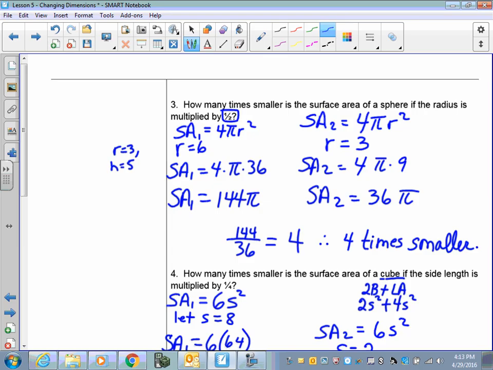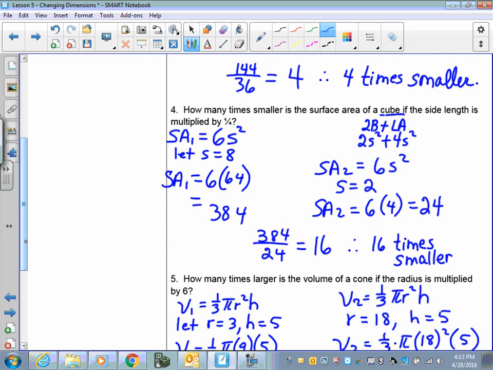Well, it just makes sense to me that I want to pick an easy number, a nice even number that's divisible by 2, so I don't have to deal with fractions, because I know we don't really care that much for fractions. So that's the only reason I picked 6. I could have picked any even number, but I picked 6, and so therefore when I half the radius, I do get 3, and then when I work out my calculations, I see that I will have a sphere that has a surface area that's 4 times smaller.